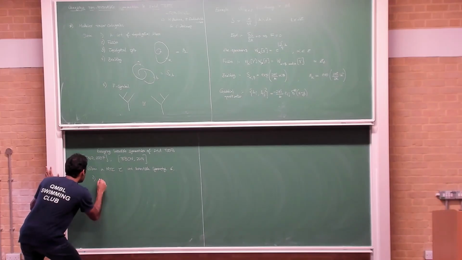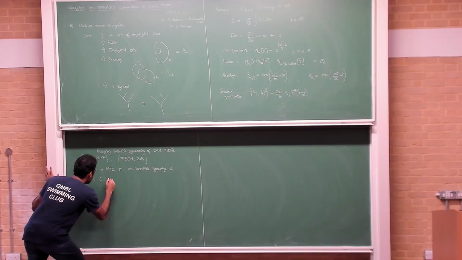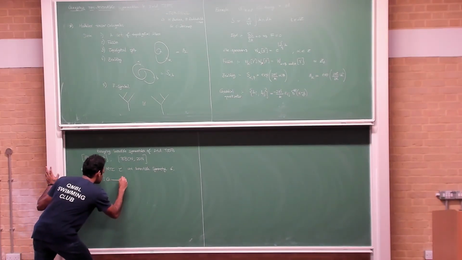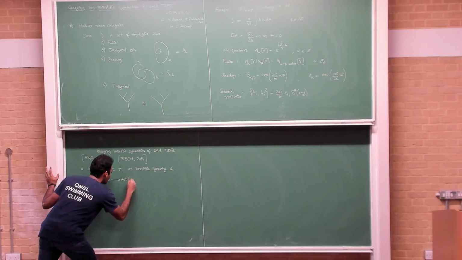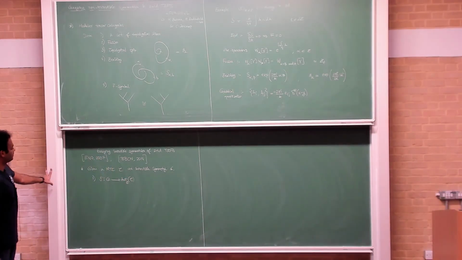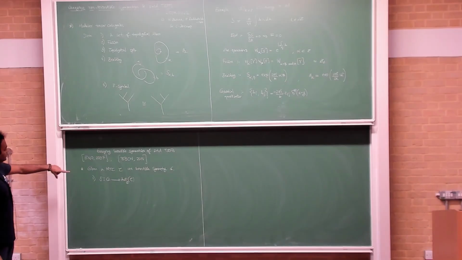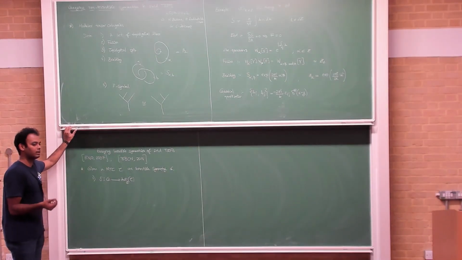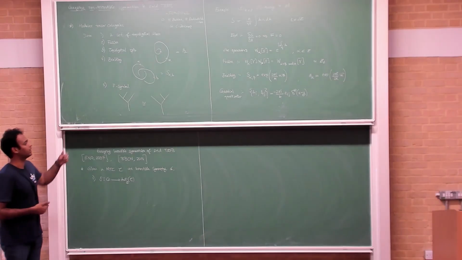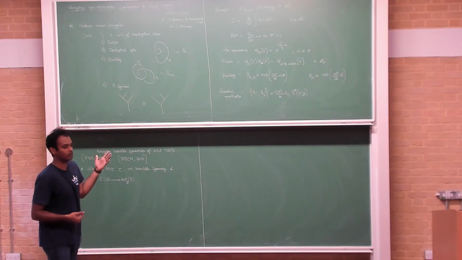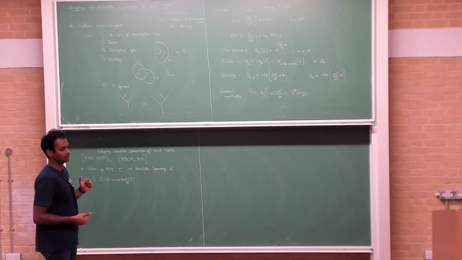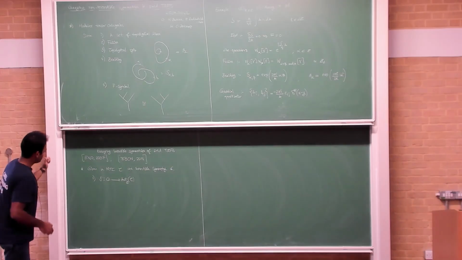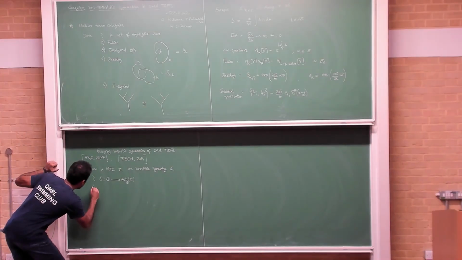The first one is a homomorphism from G to braided automorphisms of C. This just means that if there are a set of lines, then I can permute them around in a way that preserves braiding, topological spin, fusion, and all the other data. So this is the first one.